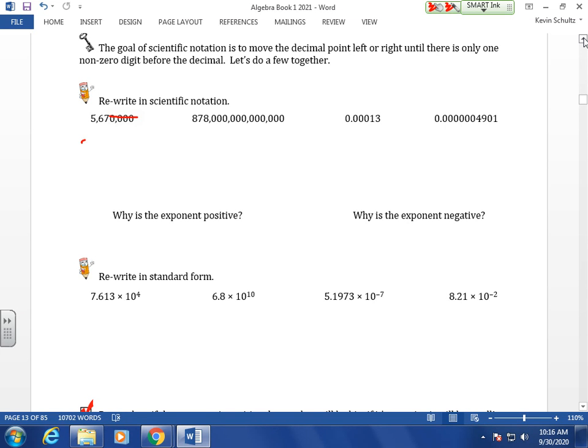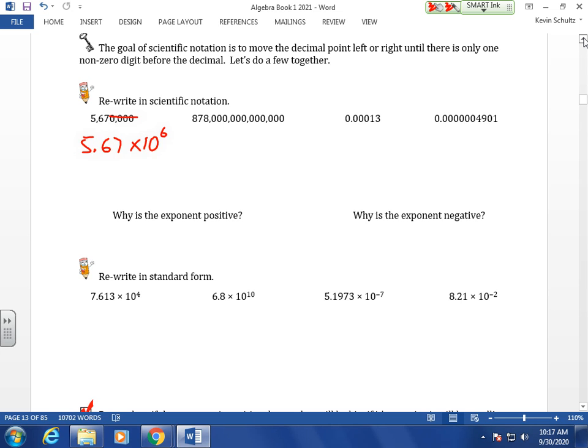That gets written as a decimal, 5.67. And how many times would we have to move that decimal over to the right to get back to 5,670,000? At least 4, right? Because we had 4 zeros there, plus 2, a total of 6, right? So 5.67 times 10 to the 6th.